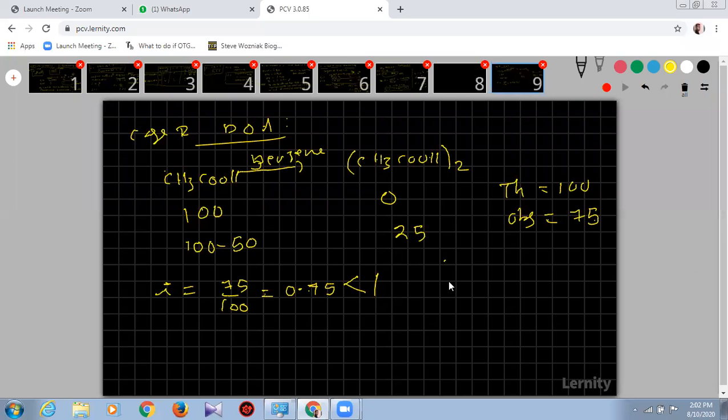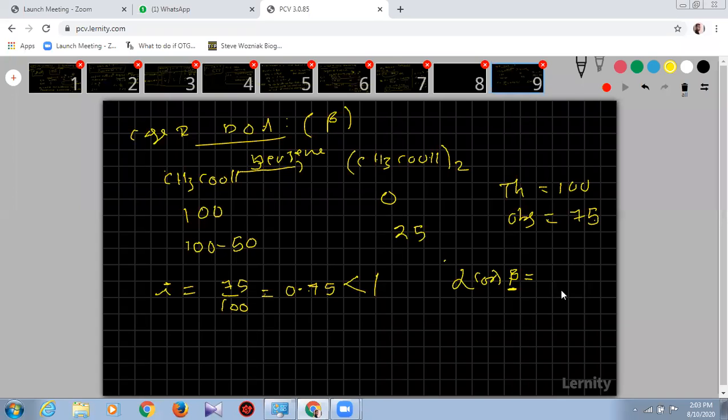Now, alpha value. In some books it is represented with beta also. So to not make you confused, I'll go with beta only. Beta is the degree of association. So beta is how much were associated.